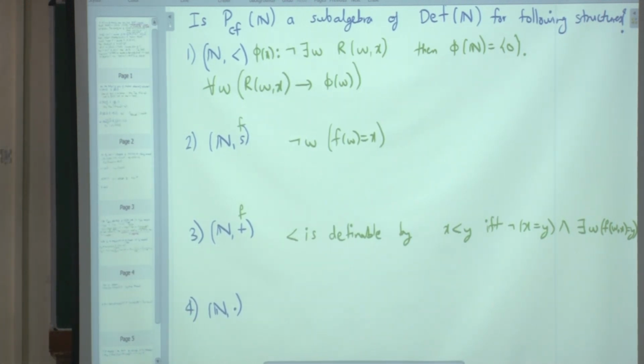What about multiplication? Can you define less than using multiplication? No. Okay, but proving that something is not definable is actually quite hard. You can define singleton 1 here, because 1 is the identity.